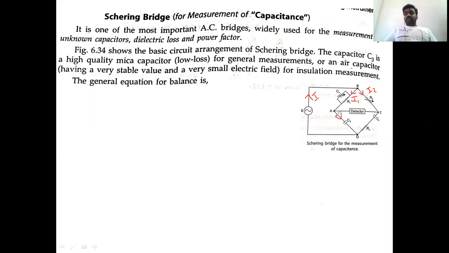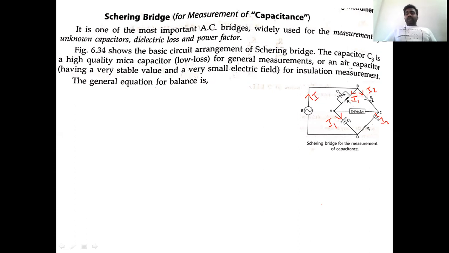I1 is the current flowing here, and I2 is the current flowing in the second branch. B to C is nothing but a resistance arm, with I2 flowing through the resistance R2.